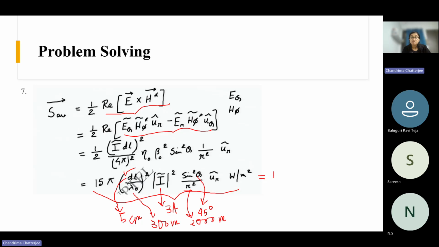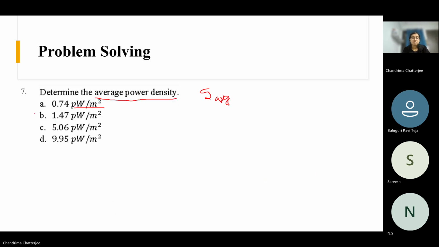So the answer is 1.472 into 10 power minus 12. So directly we can write picowatt per meter square. This is option B.